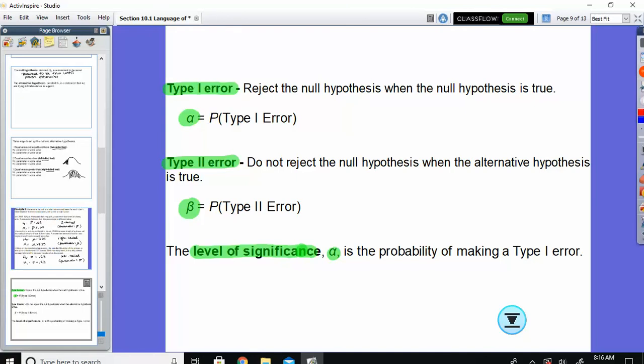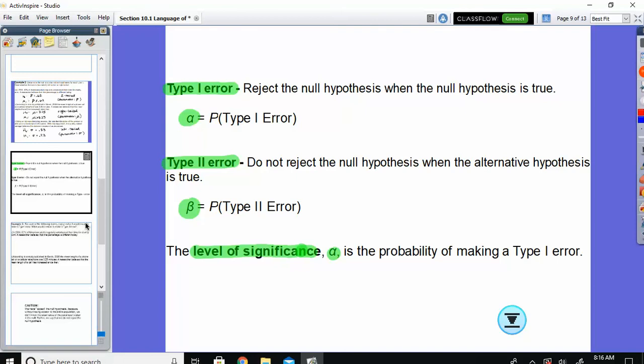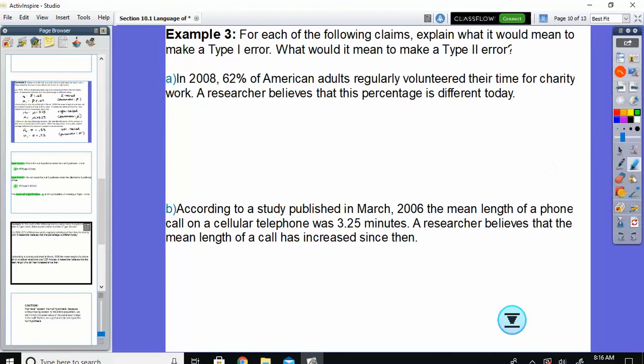So when we get into problems later on, especially in the next section, we'll say, we're going to test this at alpha equals 0.05. That means there is a 5% chance of making type 1 error. So alpha is the chance that we make a mistake, because we know we can't ever be 100% certain. If I'm taking sample data, will it all ever match my population exactly? Probably not. So there's always that risk that my sample is going to be different and I'm going to be wrong in my conclusion.